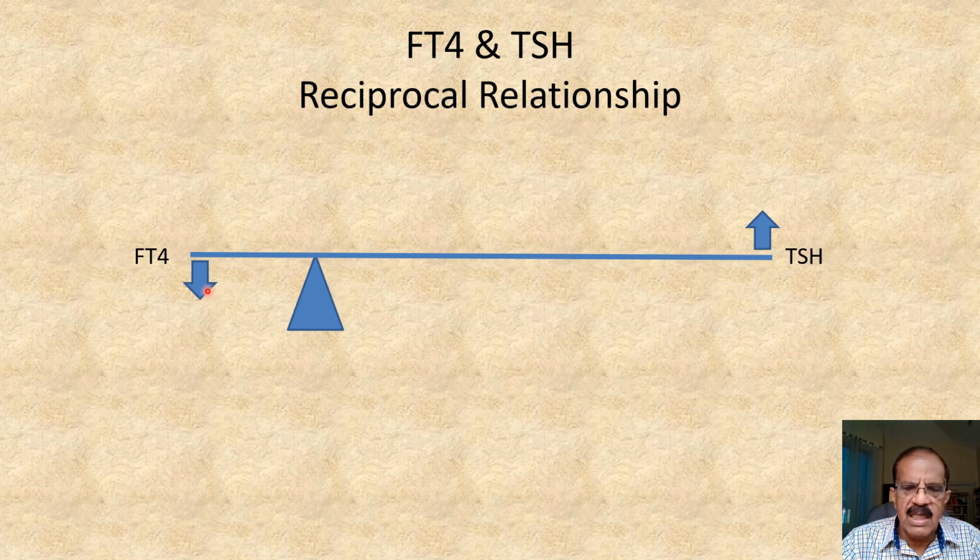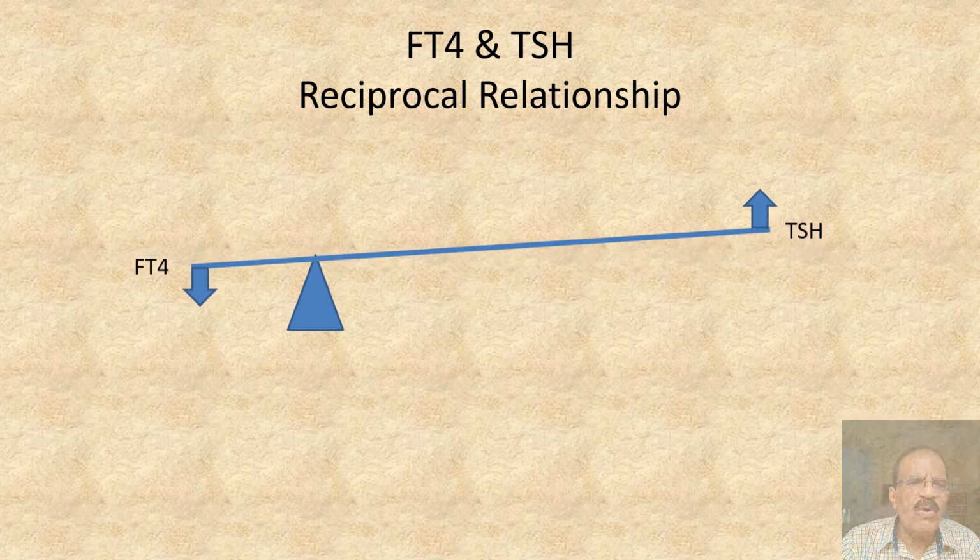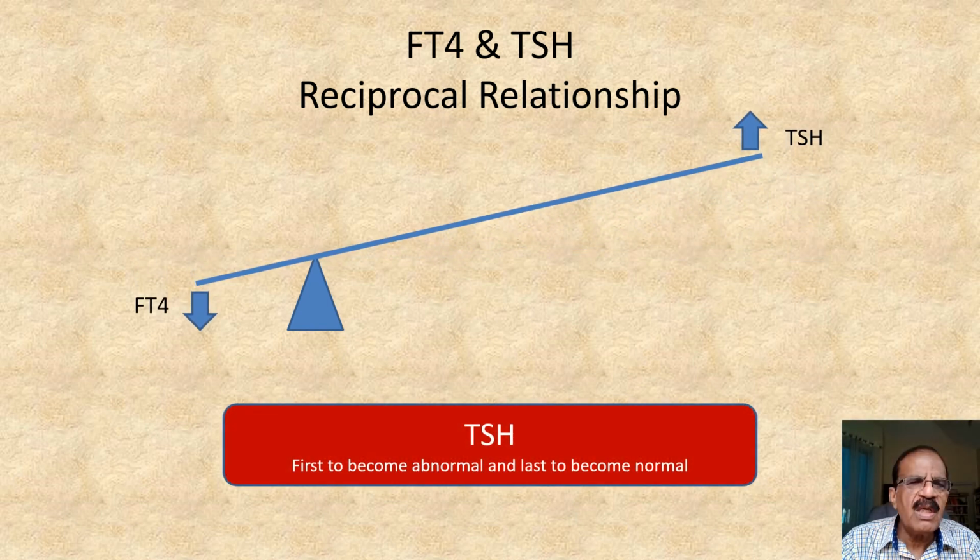So if there is a reduction in FT4, only a modest reduction in FT4 would lead to marked elevation in TSH. There may be a situation where FT4, free thyroxine, is still within normal range, but TSH would have gone much higher than normal.